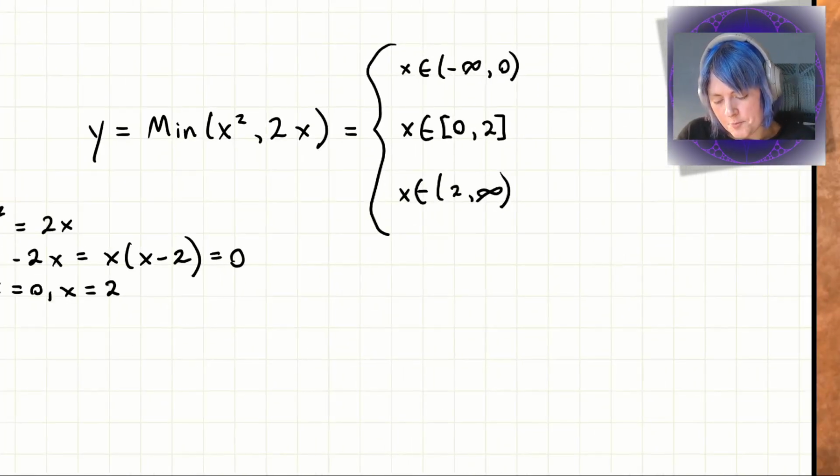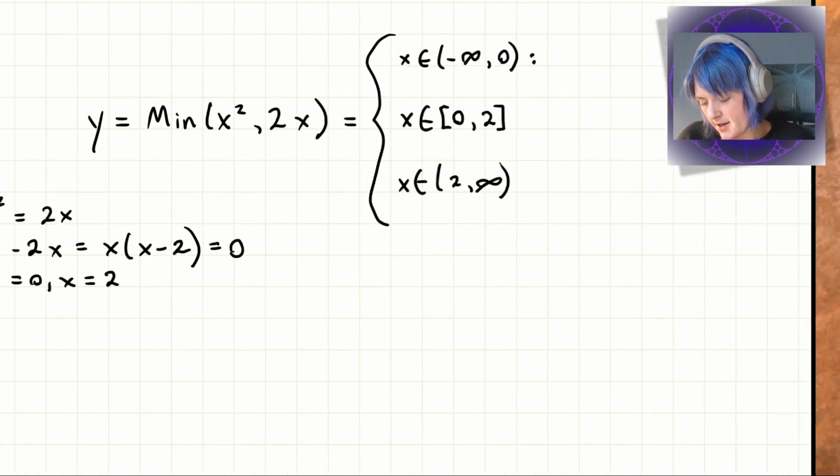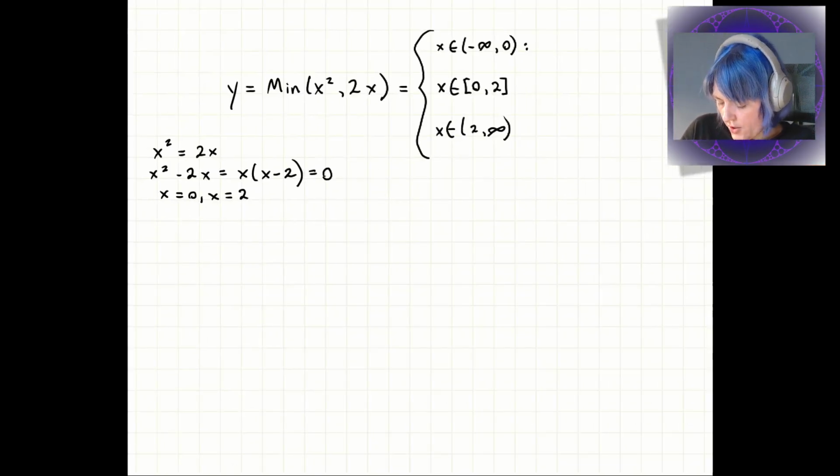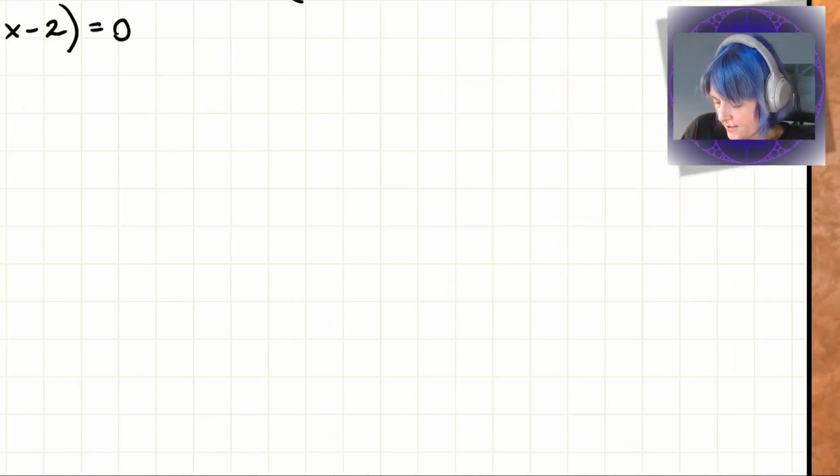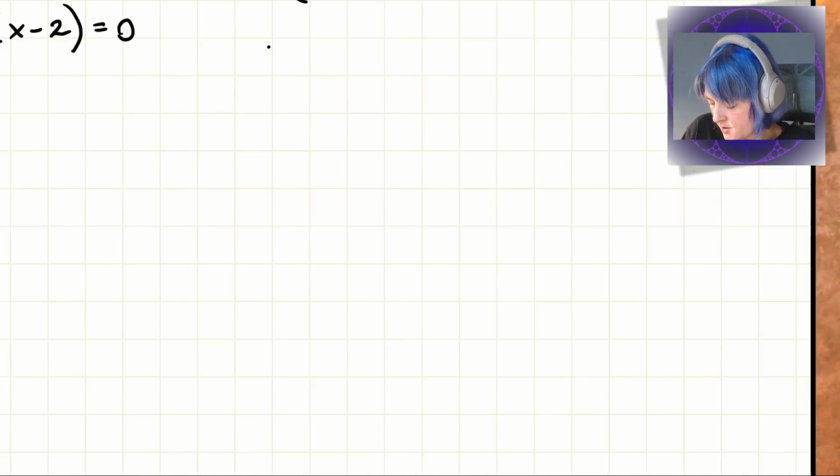All right, so this is our piecewise function. So let's have our justification now for why we think that 2x is going to be the minimum for the first one. Okay, so from negative infinity to 0.